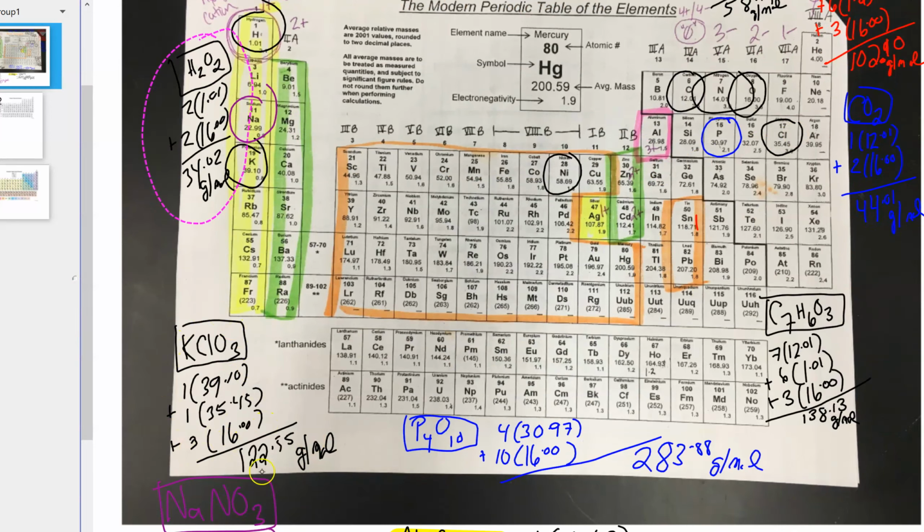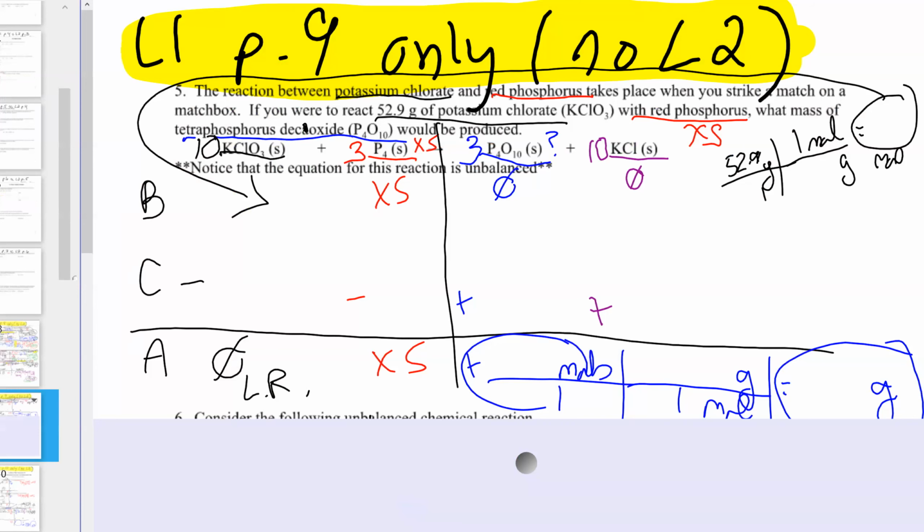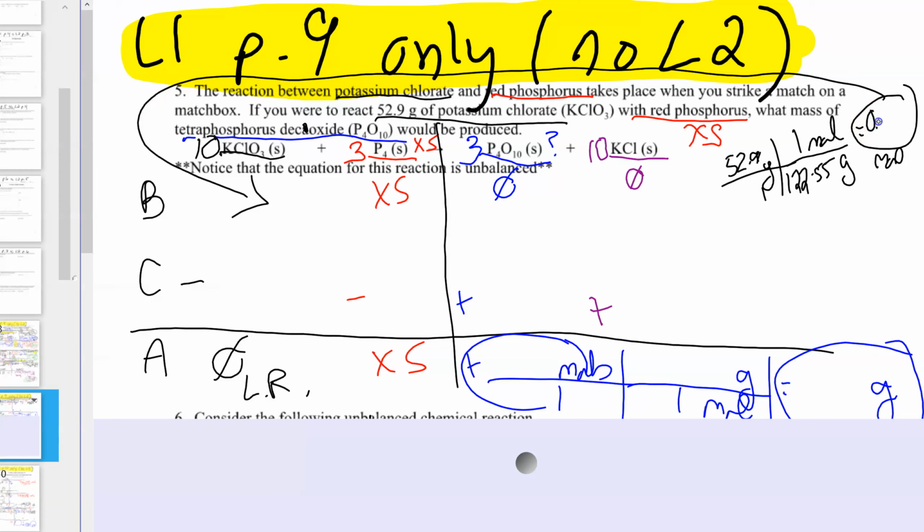That gives us a molar mass for potassium chlorate of 122.55 grams per mole. 52.9 divided by 122.55 gives us 0.431. That's how many moles of potassium chlorate we have.